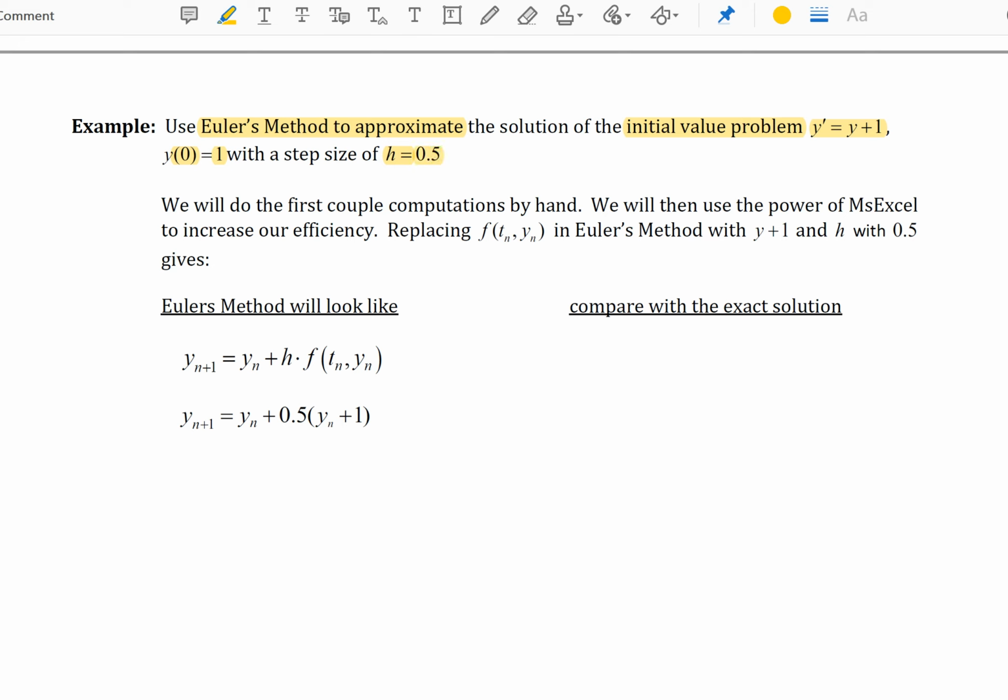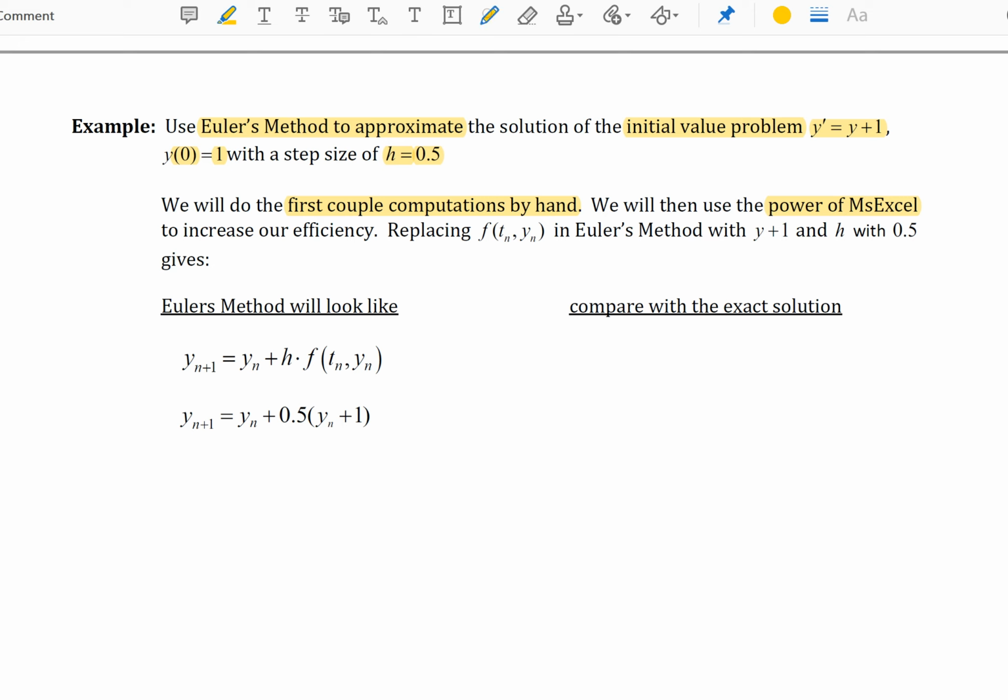We will do the first couple computations by hand. We will then use the power of Microsoft Excel to increase our efficiency.